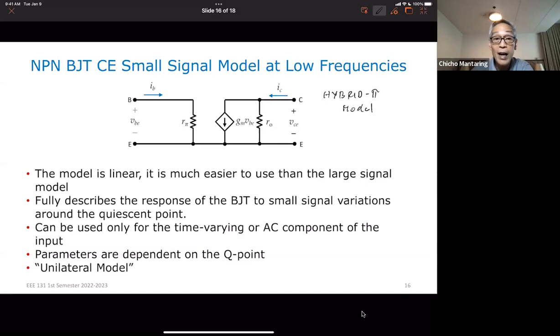It's obviously unilateral because whatever is happening here has no effect on the left. On the left, what will affect I sub B is just R pi. Unlike here at the output, your output is affected by your input because of your GM VBE.